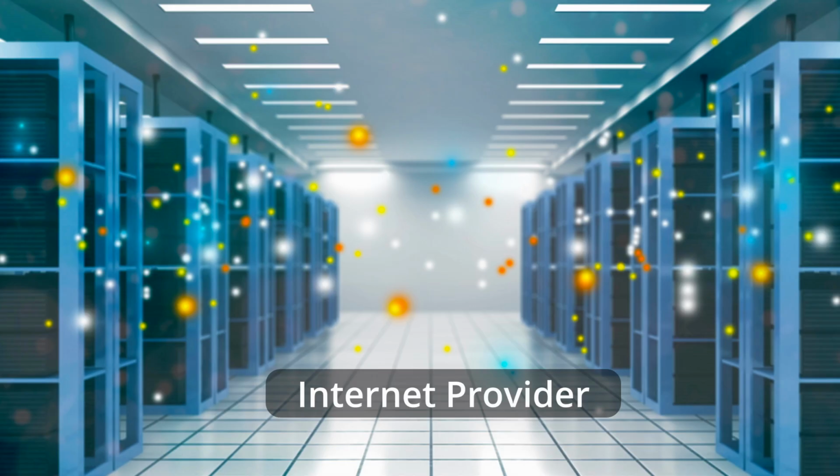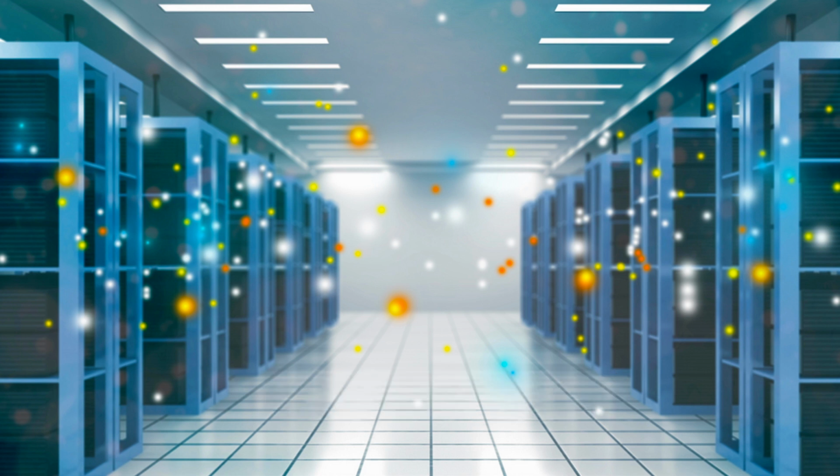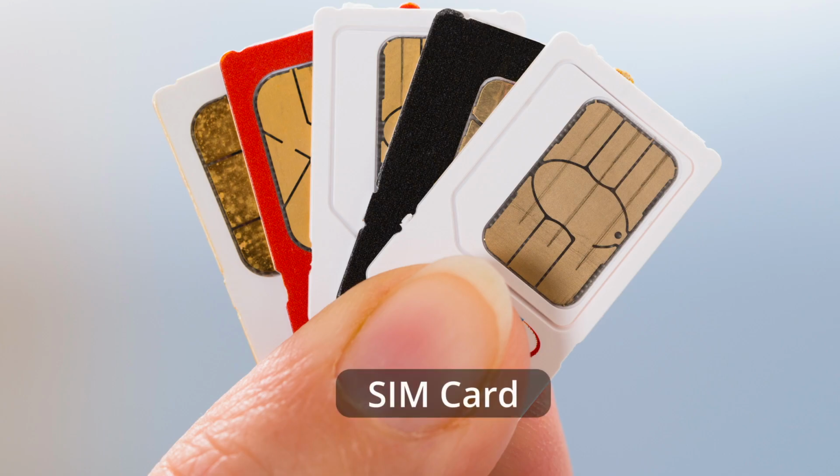And I'm sure that you already know how to do this. You find an internet provider in your country, and you get a SIM card. Is that how they call it in your country? SIM card? Or do you have another name for it? Let me know in the comments below. I'd be very curious to know what it is called in your country.